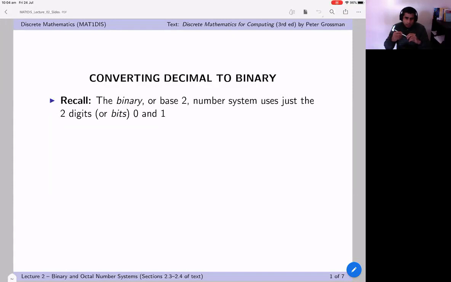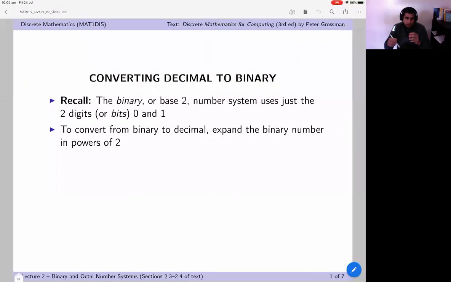So recall that the binary or base 2 number system uses just the 2 digits or bits, which we call zeros and ones. To convert from binary to decimal, expand the binary number in powers of 2. For example, if I want to convert 10 into decimal, it would be 1 times 2 to power 1 plus 0 times 2 to power 0.